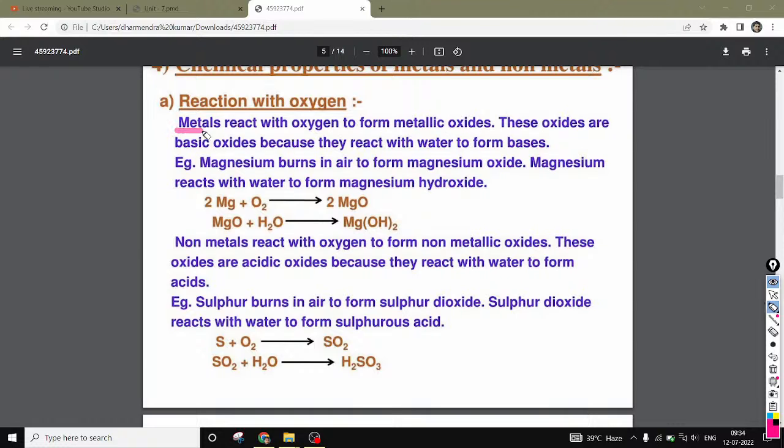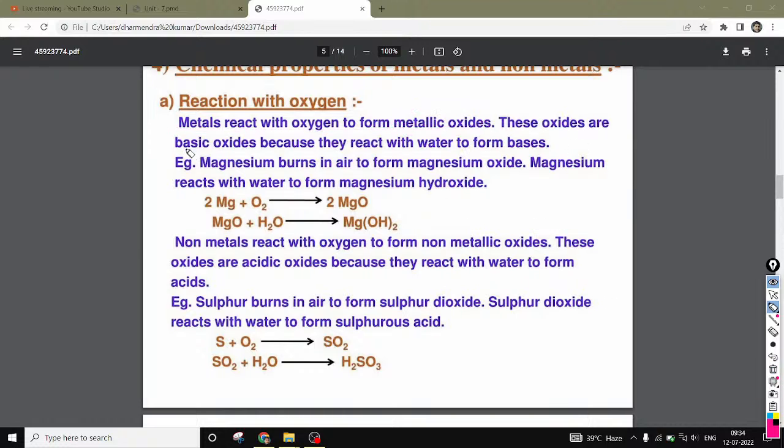Any kind of metal which you have, if it reacts with oxygen, it is going to form metallic oxide, where M stands for metal and the oxide is MO.